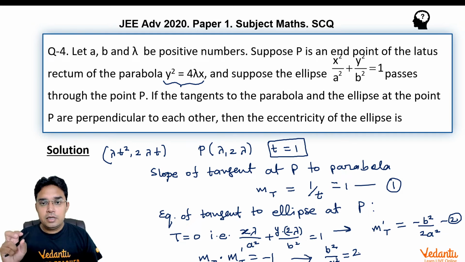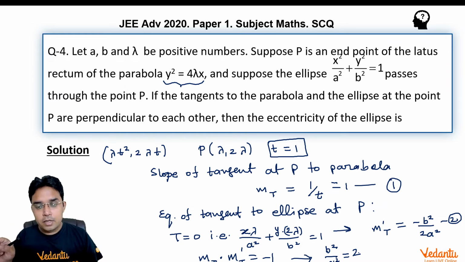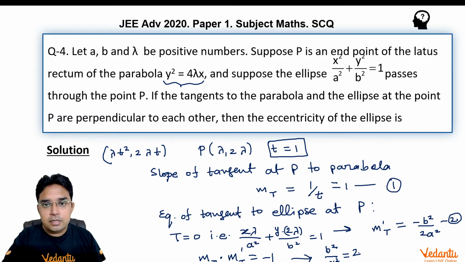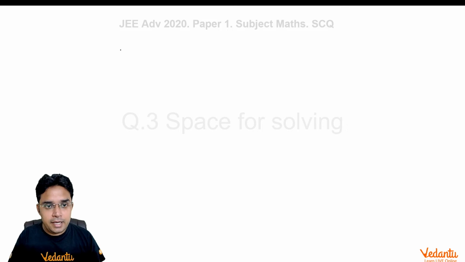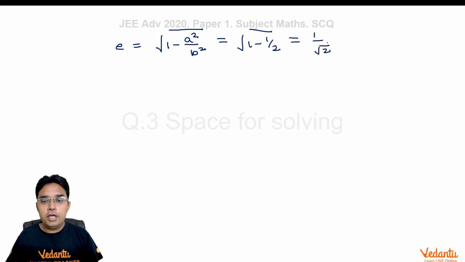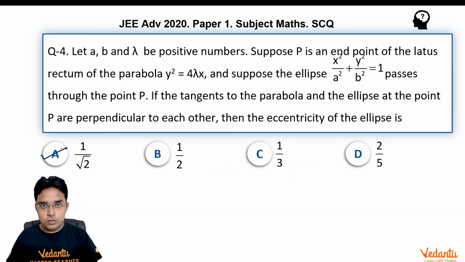That means this ellipse has to be a vertical ellipse, not a horizontal one, because the coefficient below y square is more than the coefficient below x square. Now for this, the formula for eccentricity is e equal to root over 1 minus a square upon b square. So this will be root over 1 minus 1 upon 2, hence equal to 1 upon root 2. So what should be the answer? Let us see. The answer is A, 1 upon root 2.